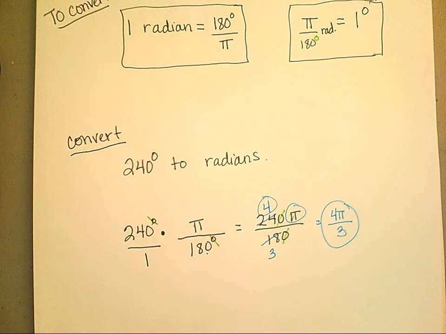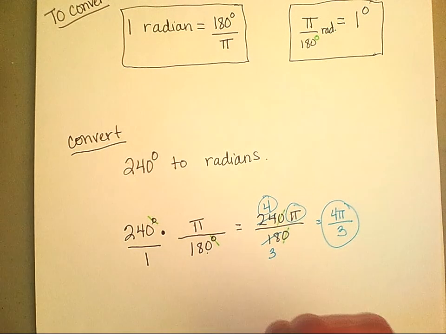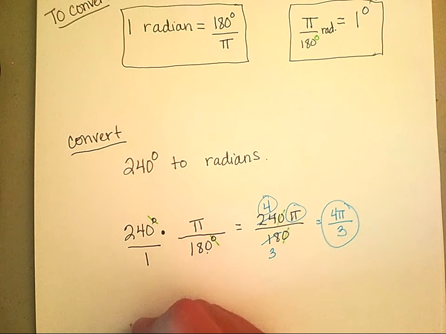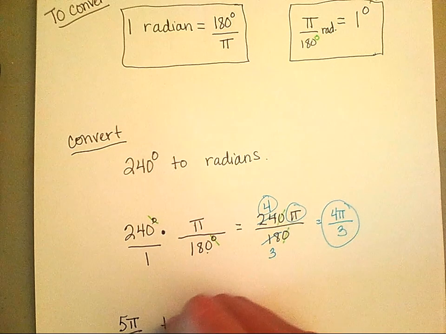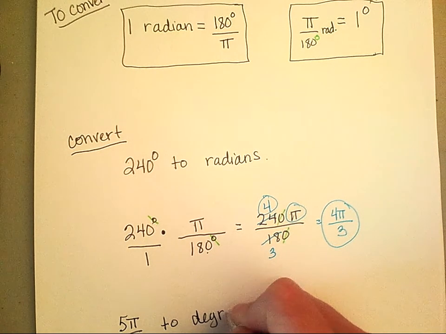Let's go the other way. Let's try 5 pi over 4 to degrees.